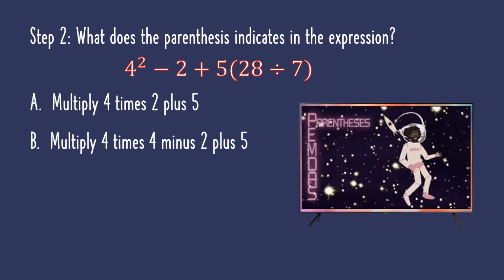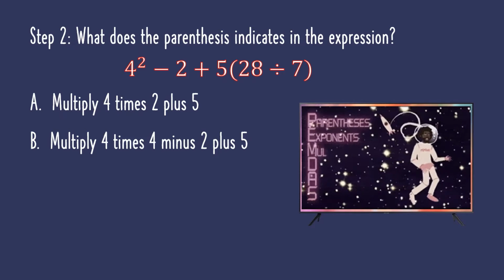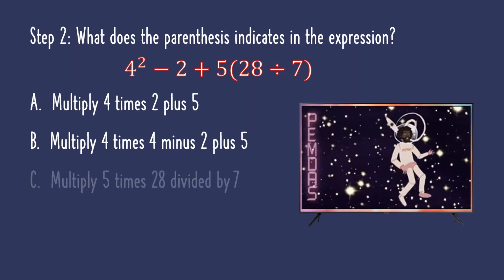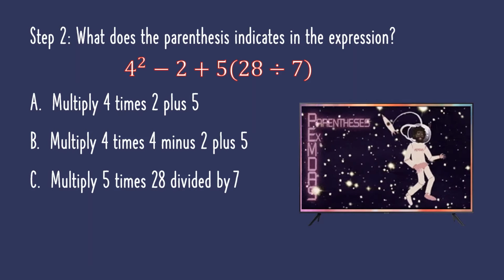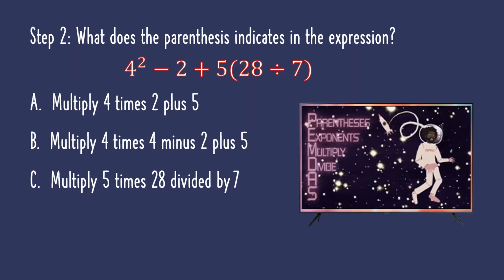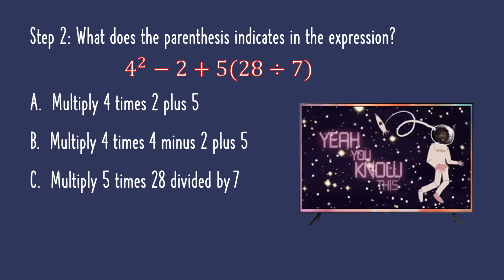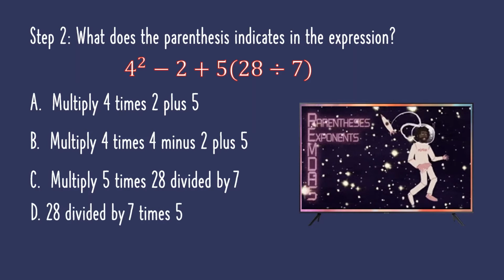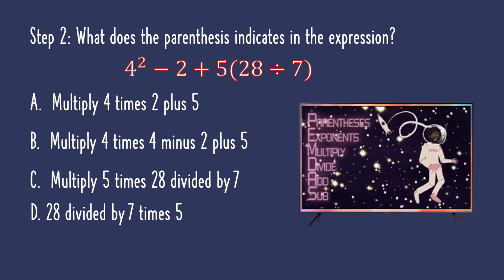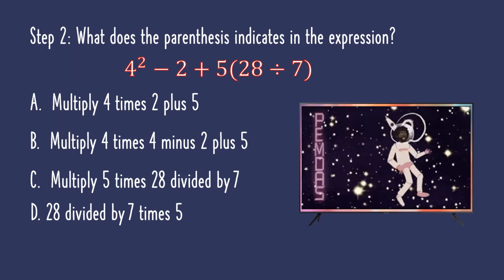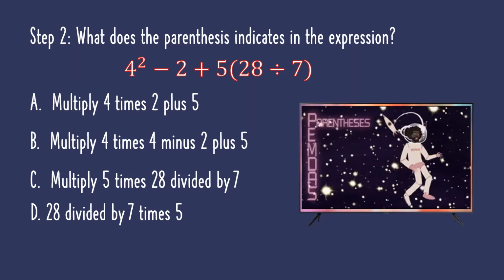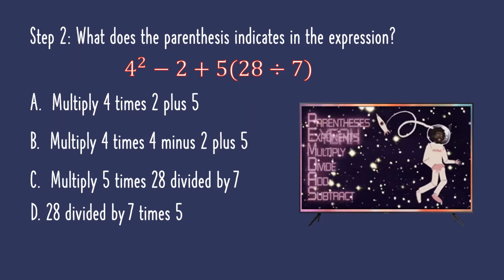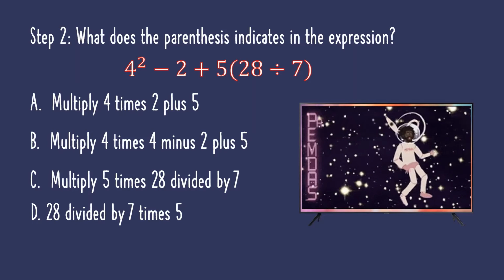Is the parentheses telling us to multiply 4 times 4 minus 2 plus 5? Is the parentheses indicating that we're going to multiply 5 times 28 divided by 7? Or is the parentheses telling us to divide 28 by 7 and then multiply that by 5? Let's see what it tells us.